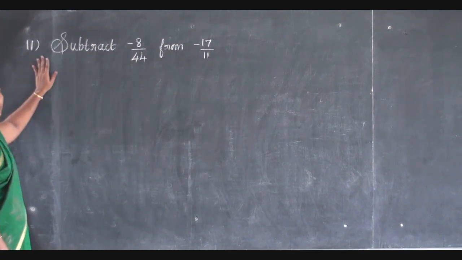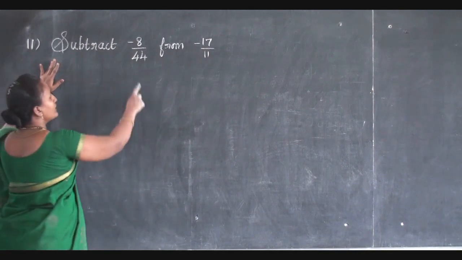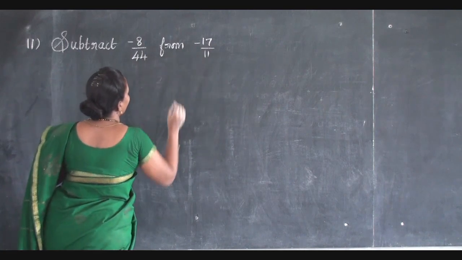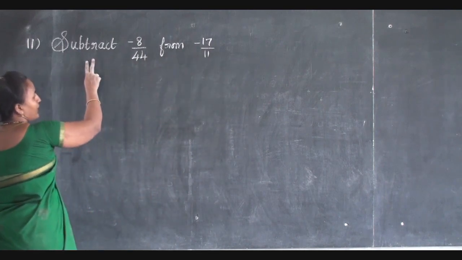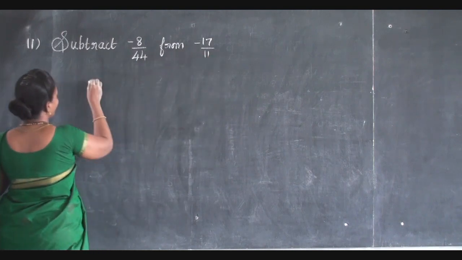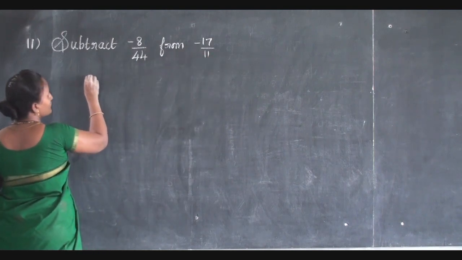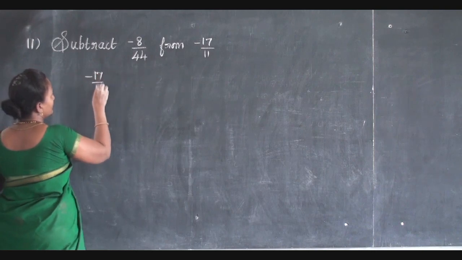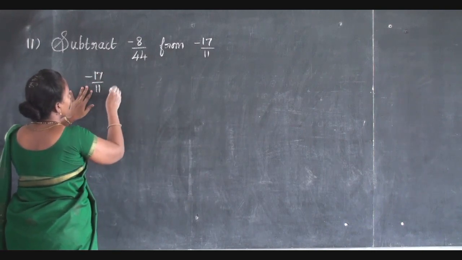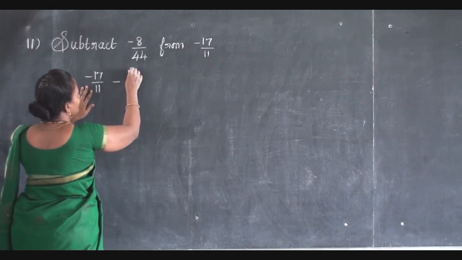Now the 11th sum. Subtract minus 8 by 44 from minus 7 by 11. Subtract from minus 17 by 11, which means put it first. From minus 17 by 11 subtract which one?